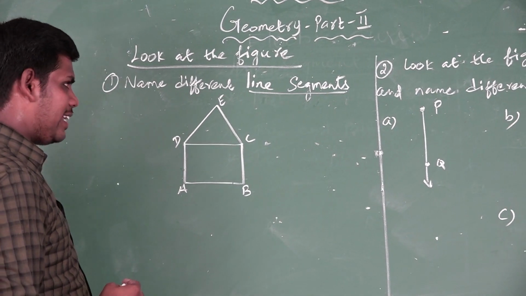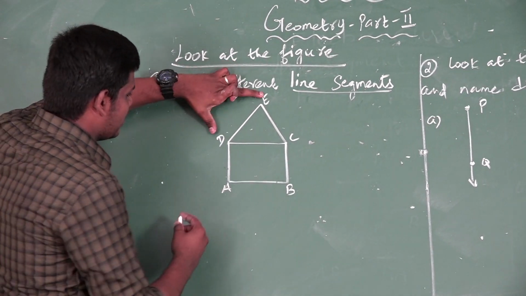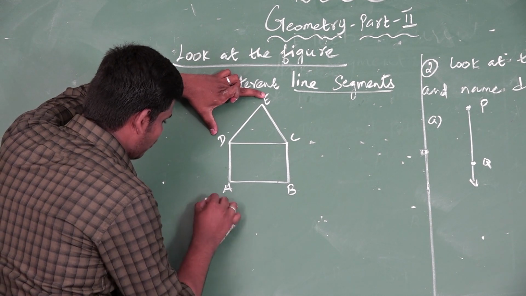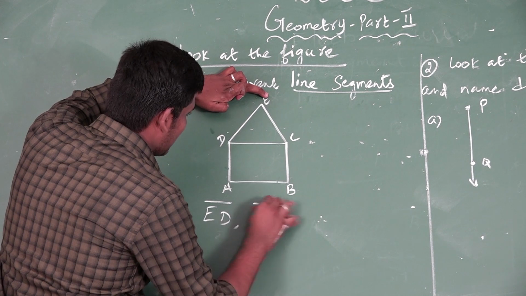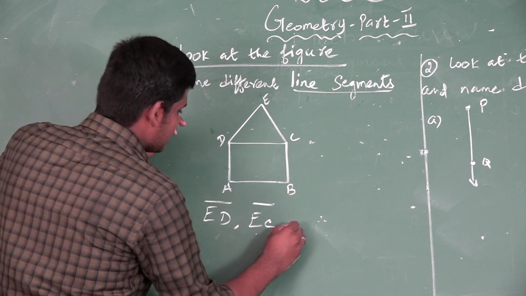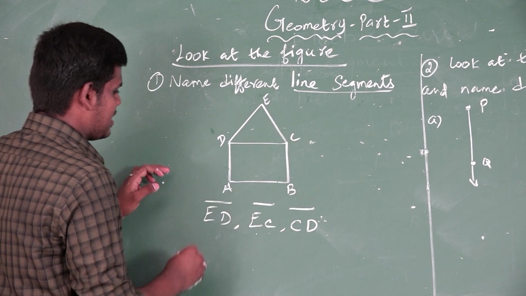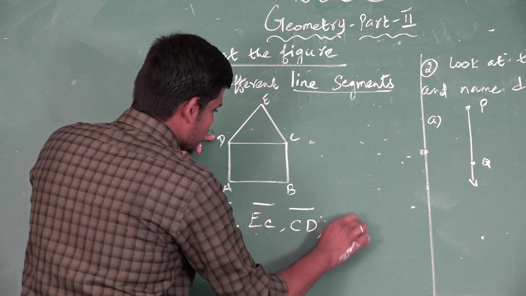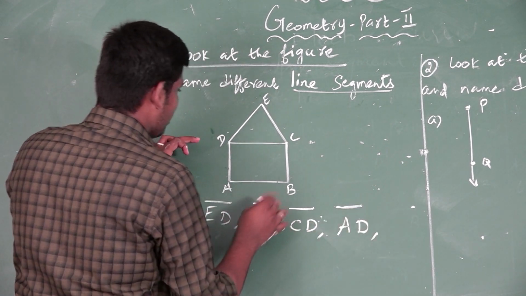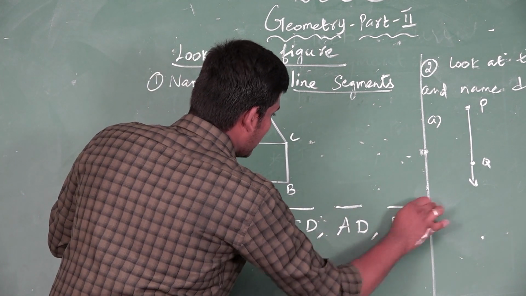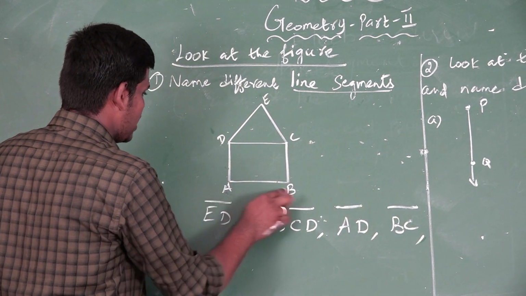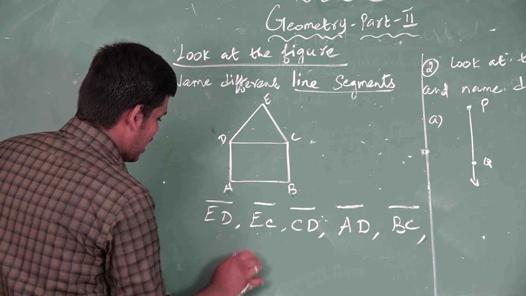So ED is one of the line segments. EC also is one of the line segments. Next CD also, AD also, BC also, and last AB also is one of the line segments.